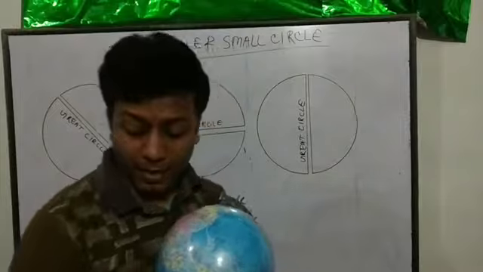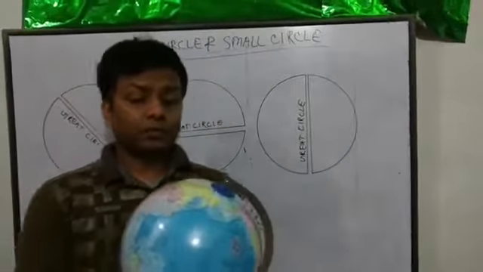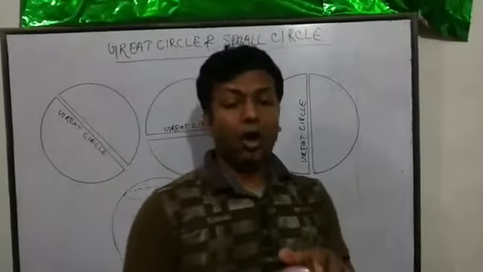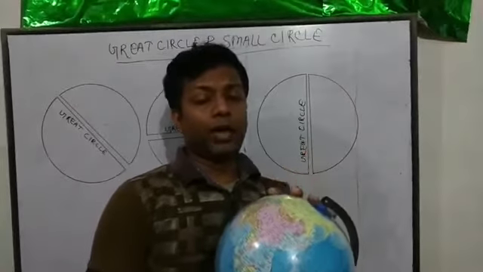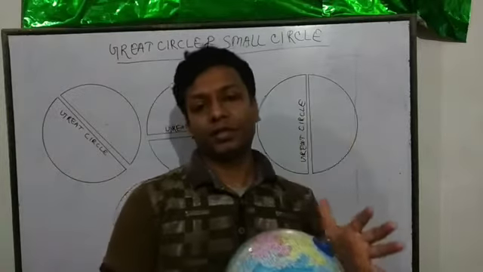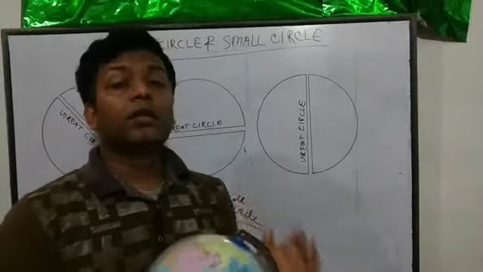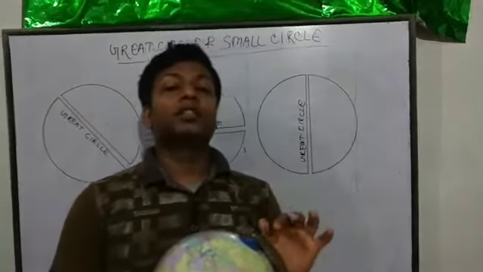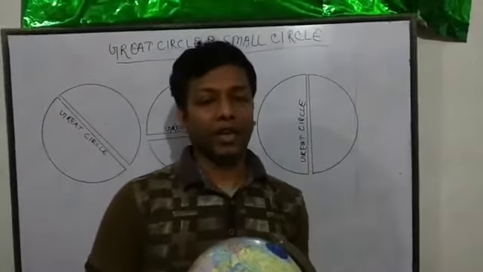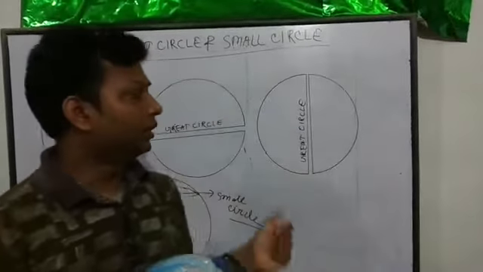Like that to make this complete sphere. So how many times can we cut this earth into two equal halves? The answer is it is infinite. It can be infinite, but in your syllabus there are 3 types.